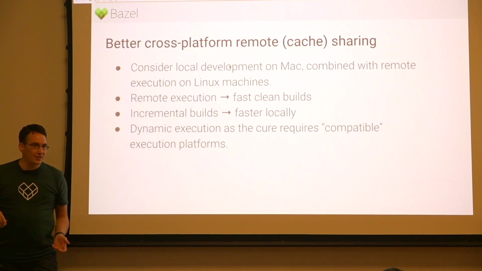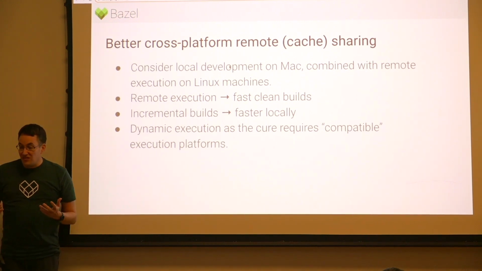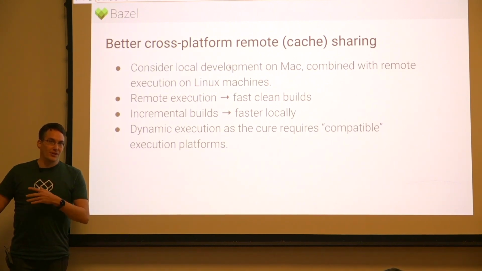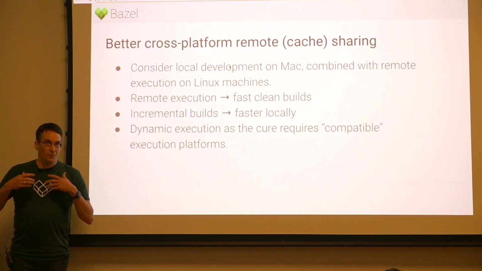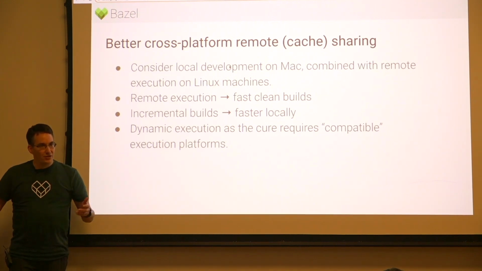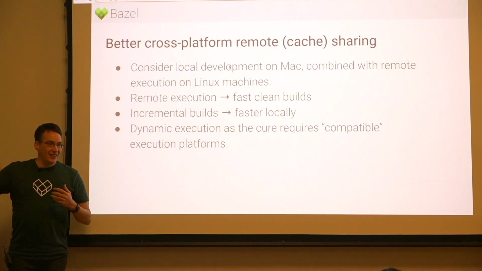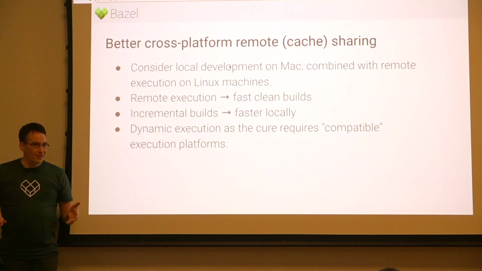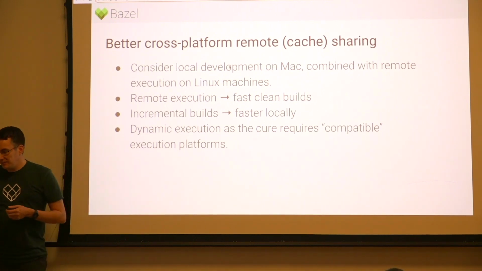We have dynamic execution that in general makes it possible to do local and remote execution in one invocation, and Bazel just races those two action invocations and takes the faster one. But now it's not the exact same invocation if you have a Mac locally and Linux remotely.